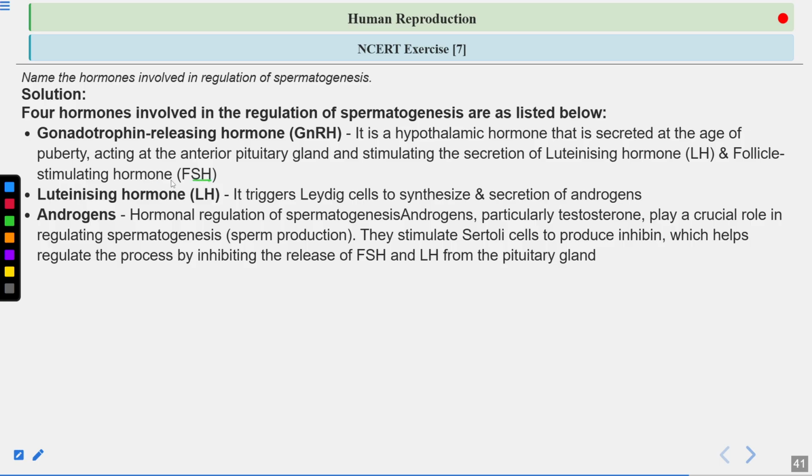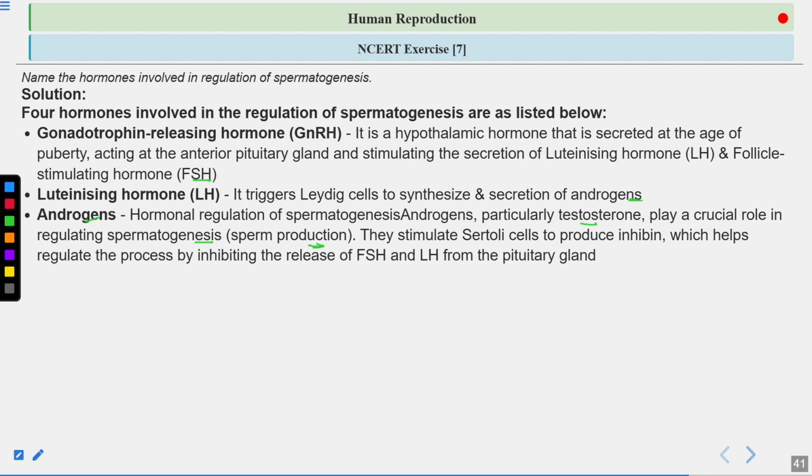We'll also discuss this. These androgens are known as the male hormone. An example of a male hormone is testosterone. So androgens, particularly testosterone, play a crucial role in regulating spermatogenesis, meaning sperm production.